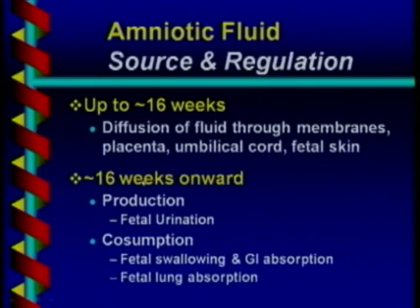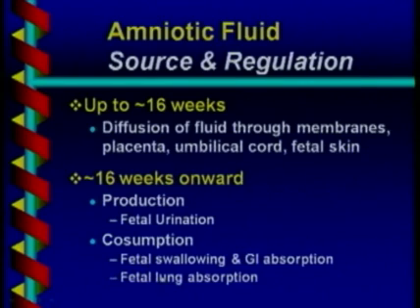That's early in pregnancy, but from 16 weeks onward, the amniotic fluid is produced largely by fetal urination and consumed by fetal swallowing and GI tract absorption, and also, to some extent, by lung absorption.